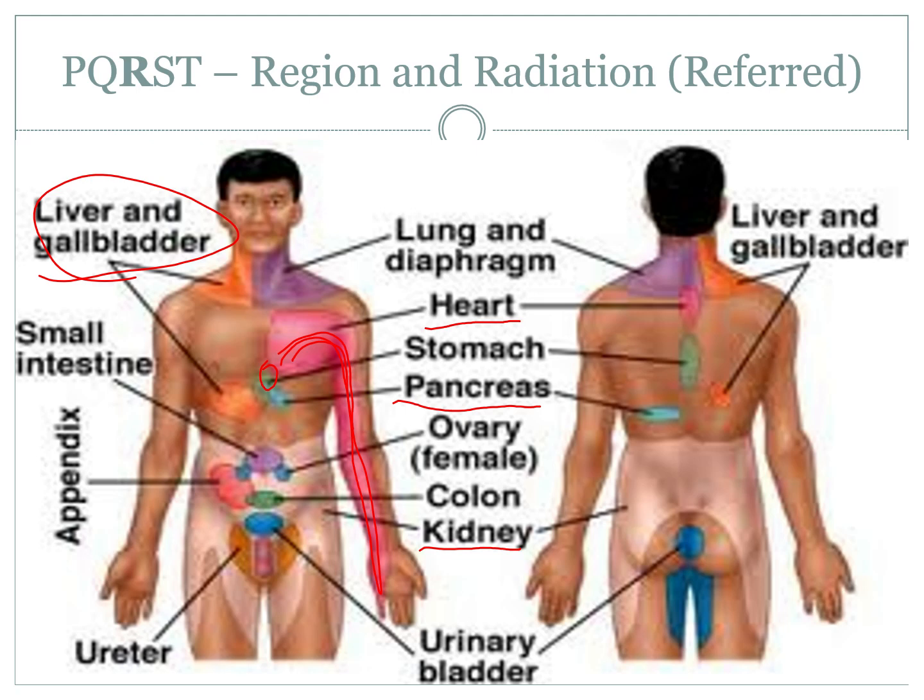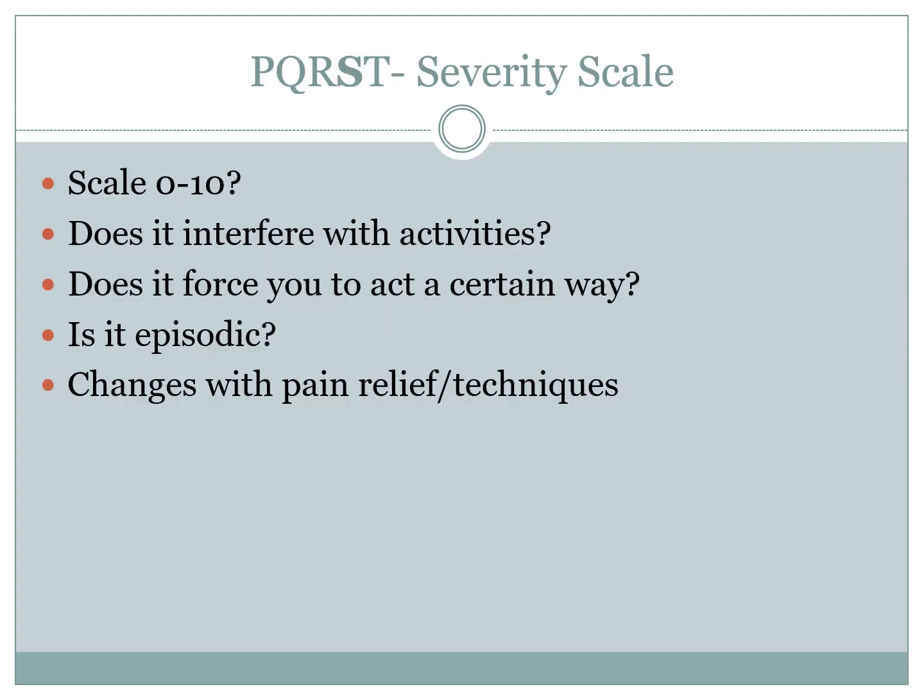When we move down to S, this is where people often do the simple thing, which is not helpful at all, as opposed to really exploring that pain. So severity really tells us what we need to do about this pain.